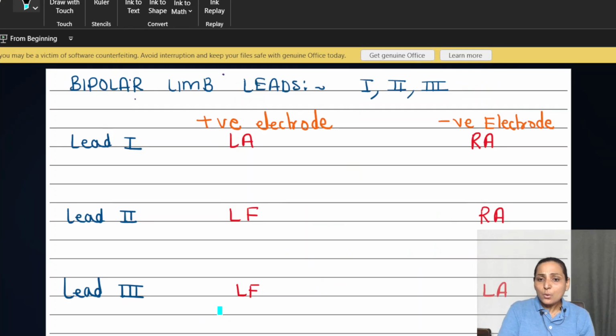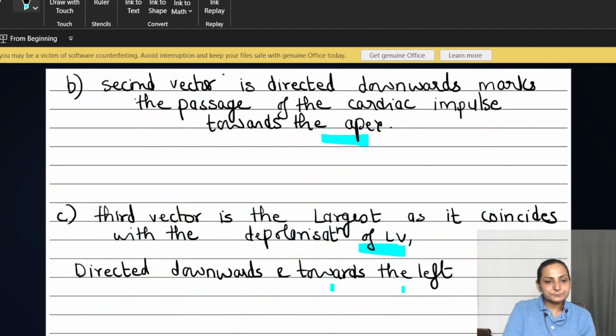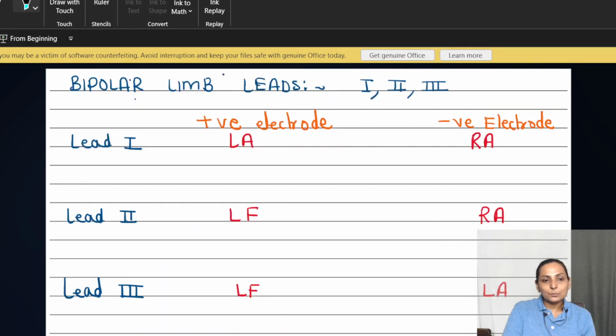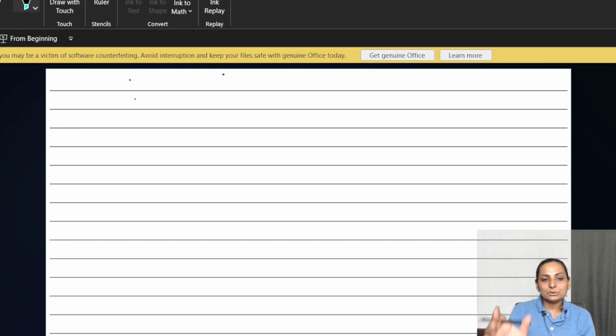Now, how are we getting these bipolar limb leads and what is the fundamental of these leads? So what happens is, as I told you, in these leads we have to actually find out the difference of the potentials between the two.